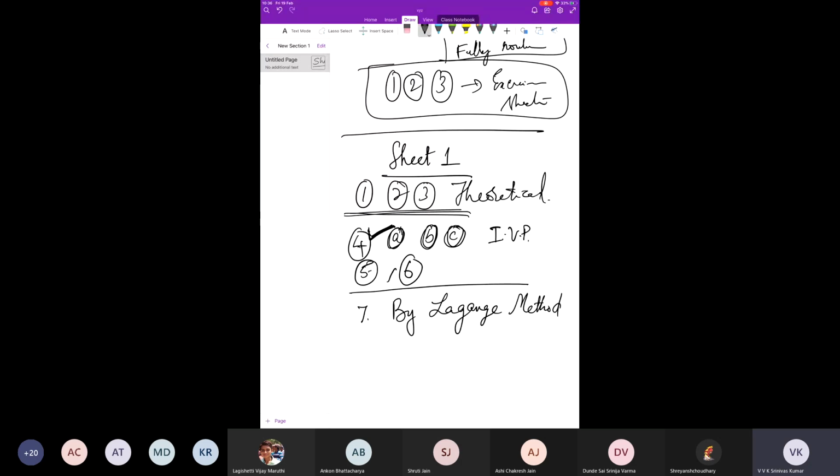Just the PDE is given, with no initial condition. So this is solved by the Lagrange method, and we have to find the general solution.